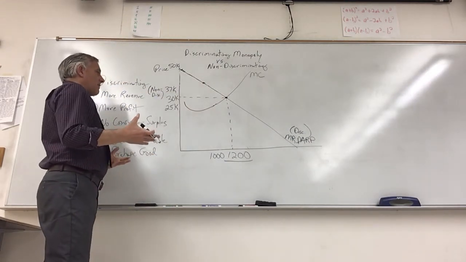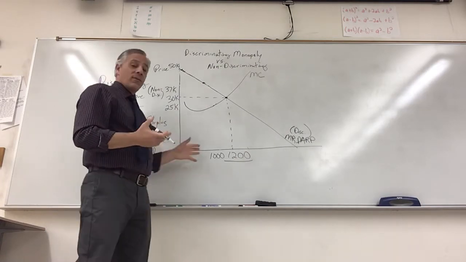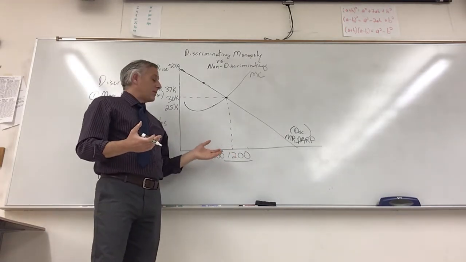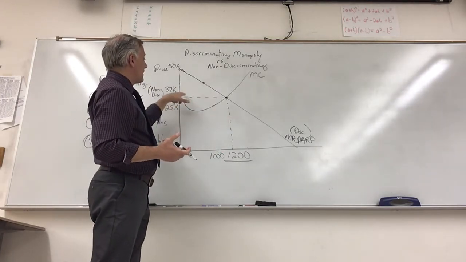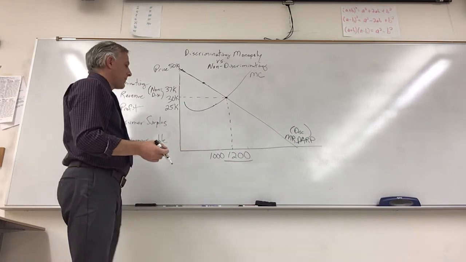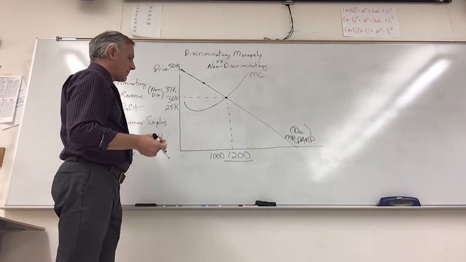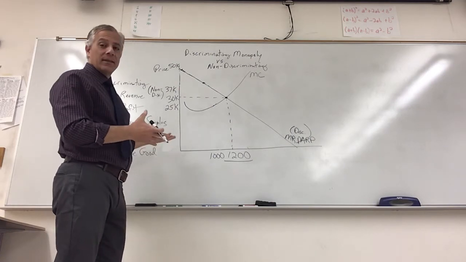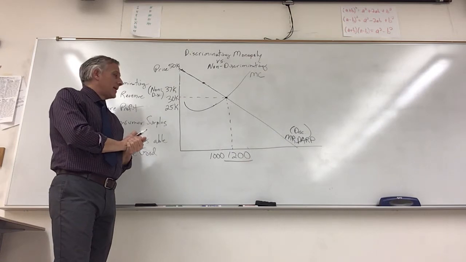Well, I did the math for you, and you're going to end up with $48,000 in revenue when we do this. We have the area of this rectangle plus the area of this triangle, or the area of the trapezoid, if you will. And that's going to give us 48,000 or 48 million in revenue, as opposed to the 37 million that we had with the non-discriminating.